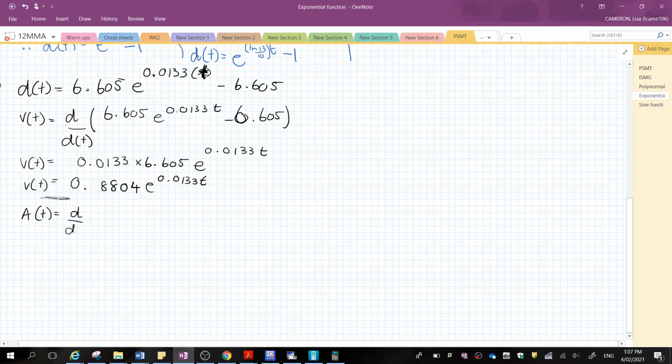So I'm going to take the derivative with respect to time, bracket 0.08804 e to the power of 0.0133t. Again, this number is going to come down and multiply that number. Now, in your assignment, you would show that working of this times that gives you the next row. Me personally, though, I'm just going to skip straight ahead to the answer.